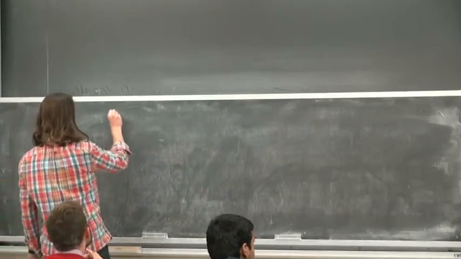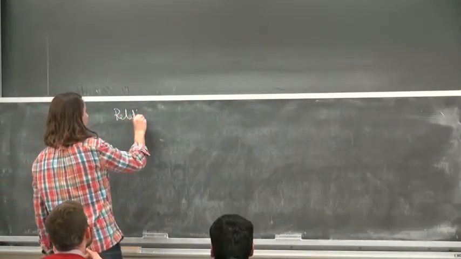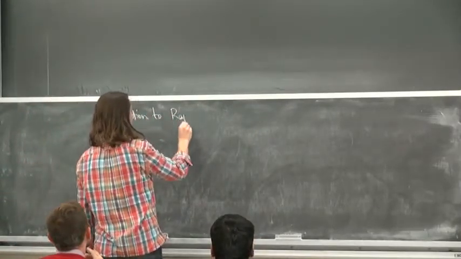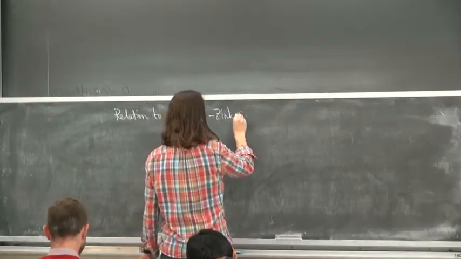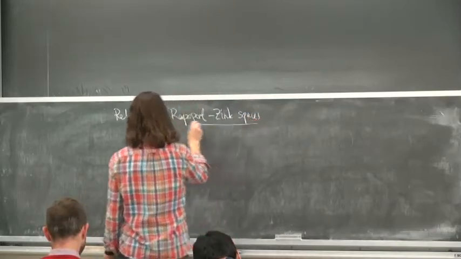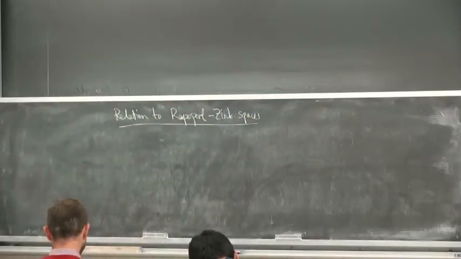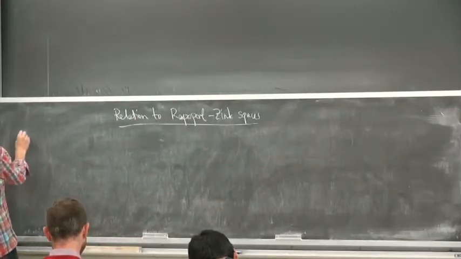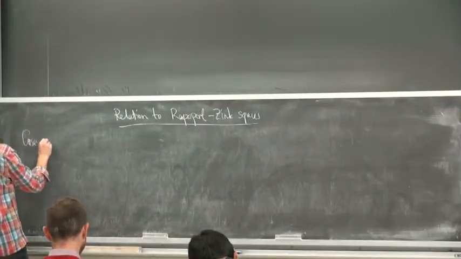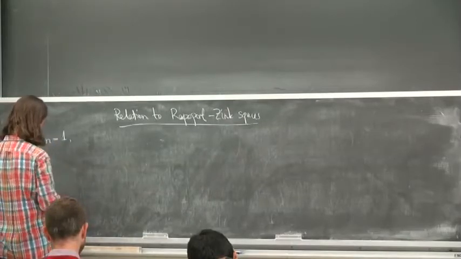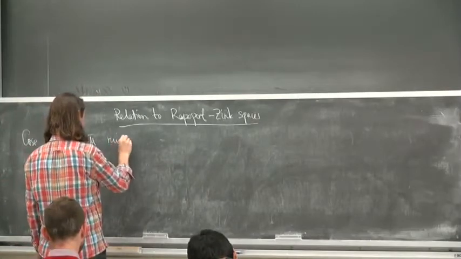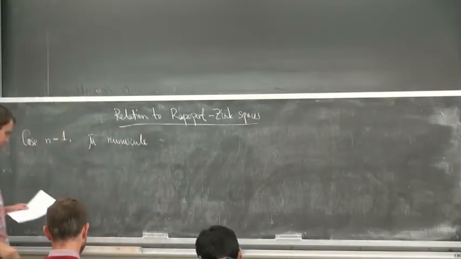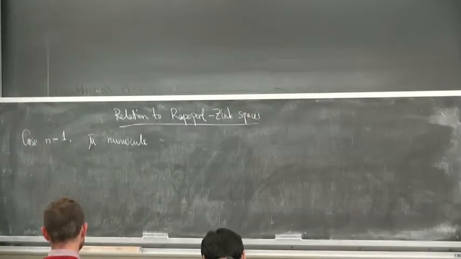So I guess what I want to explain is the relation to Rapoport-Zink spaces. That corresponds to the case where n is equal to 1, and this conjugacy class of cocharacters is what's known as being minuscule.